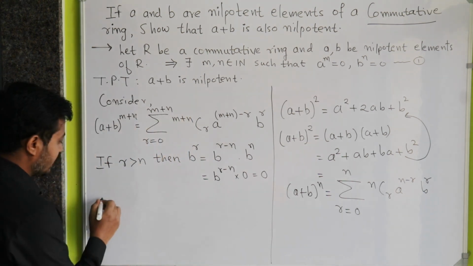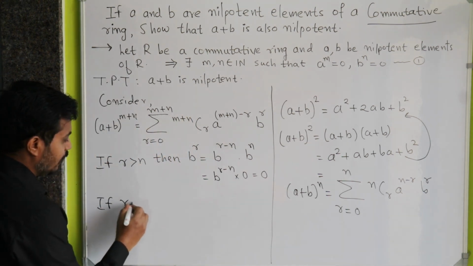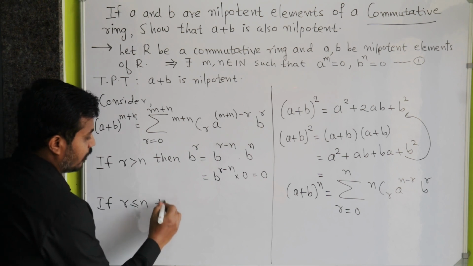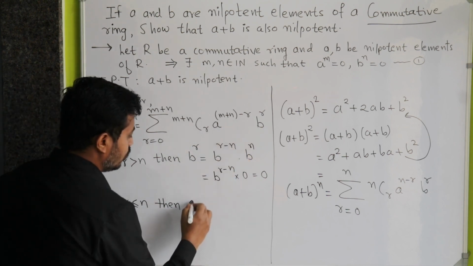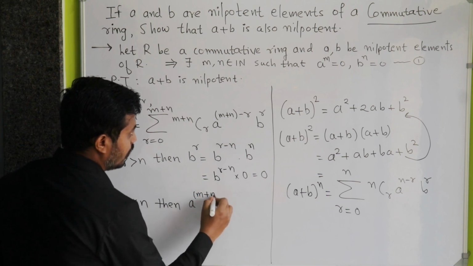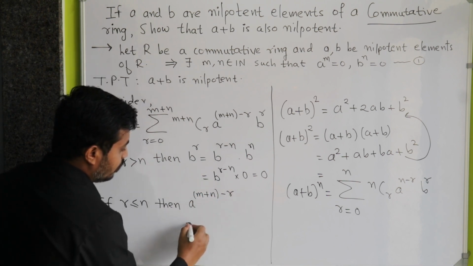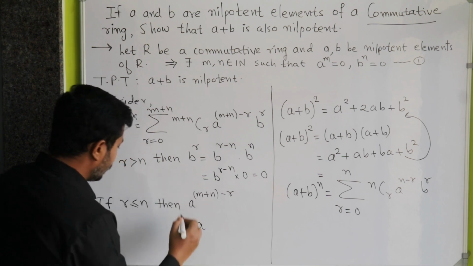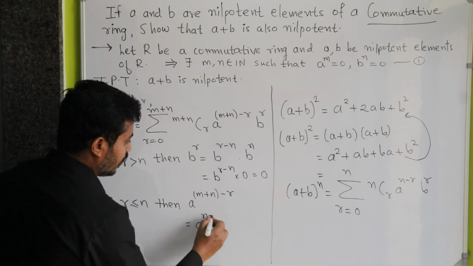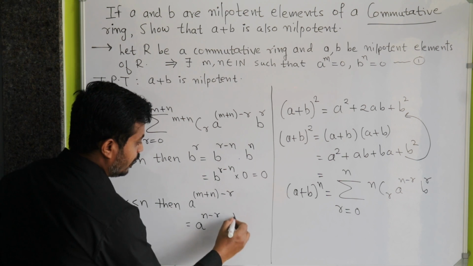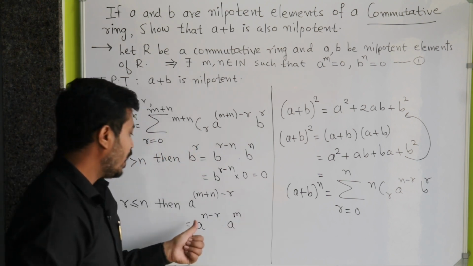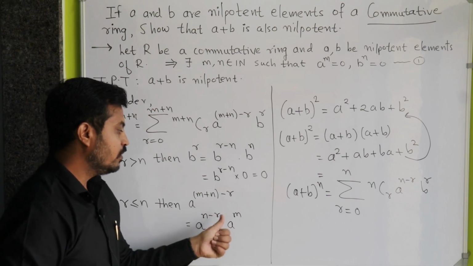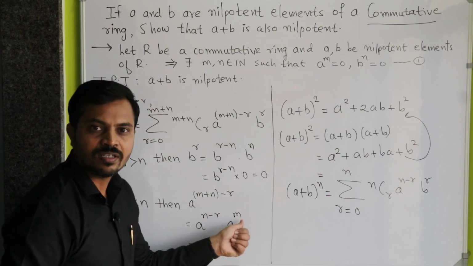Now for the other case, if r is less than or equal to n, what will be the value of a raised to m plus n minus r? This will be actually equal to a raised to n minus r multiplied by a raised to m. Again we have a raised to an integer here as well.